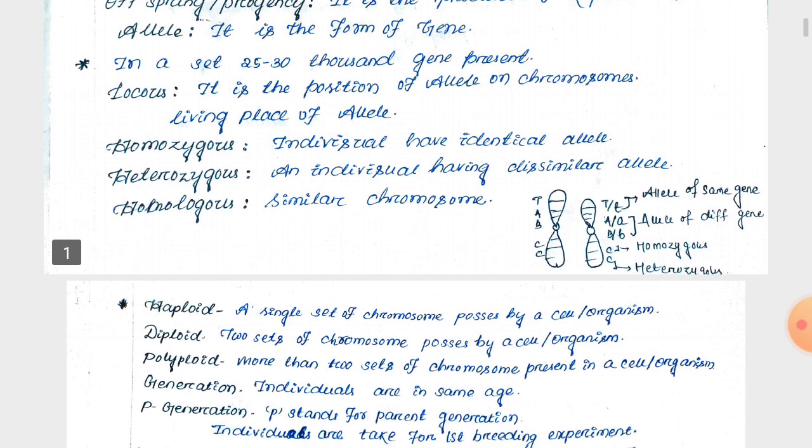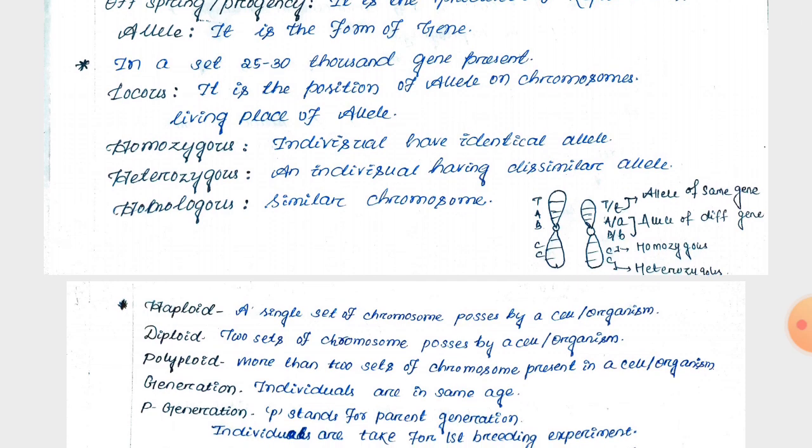Then, moving further, what is an allele? An allele is a form of a gene, or a version of a gene. Let's say a gene I. What are the different versions a gene could have? The versions are like capital I, small i, or small i, capital I, small i. These are the different versions.